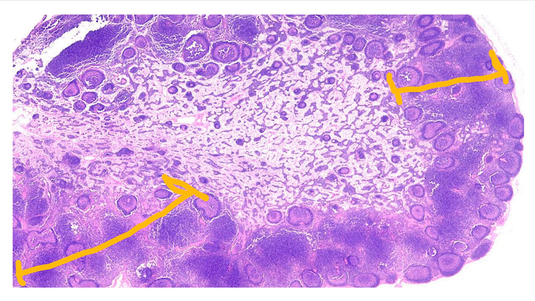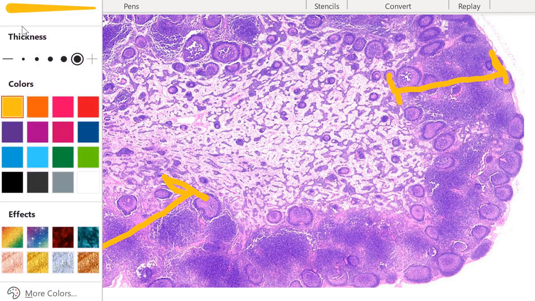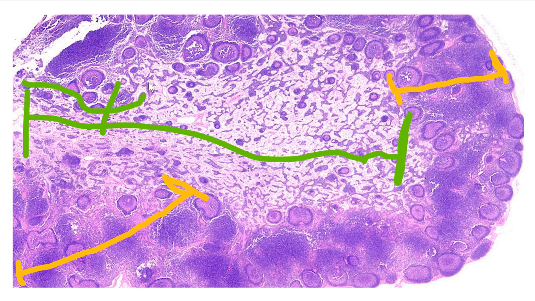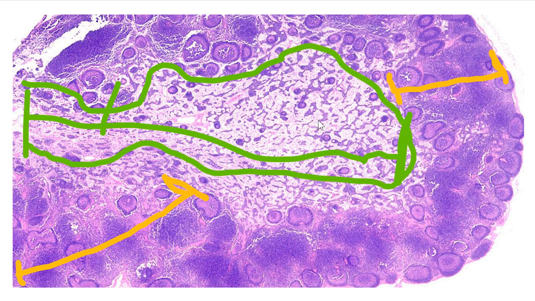The medulla, on the other hand, we'll use a green. This is all medulla. It's definitely lighter in color than the cortex. So here we have the medulla outlined in green and the cortex around it that contains the lymphatic follicles.